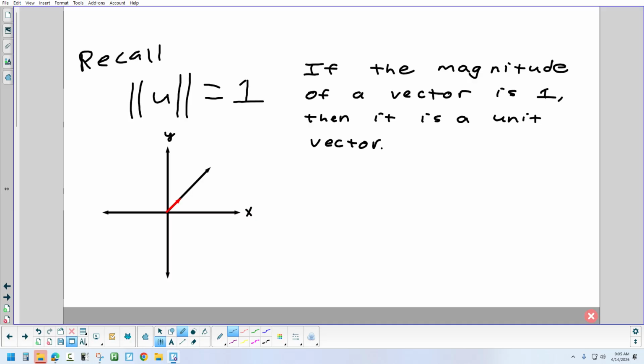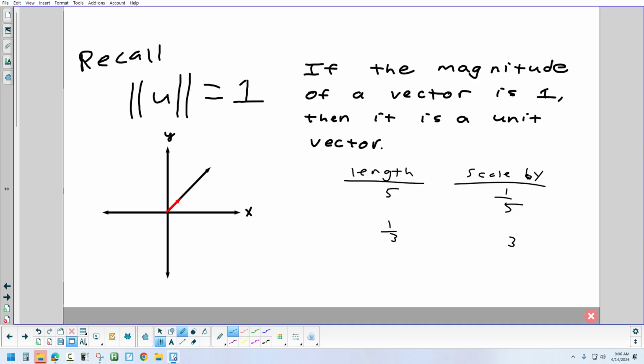For example, if you had a vector that was 5 units long, and you wanted to force that to be 1 unit long, then you would scale by 1/5. If you had a vector that was 1/3 of a unit long, and you wanted to force it to be 1 unit, you would scale it by 3, because if you scale something 3 times as big and it's 1/3 of a unit, it turns into 1 unit.